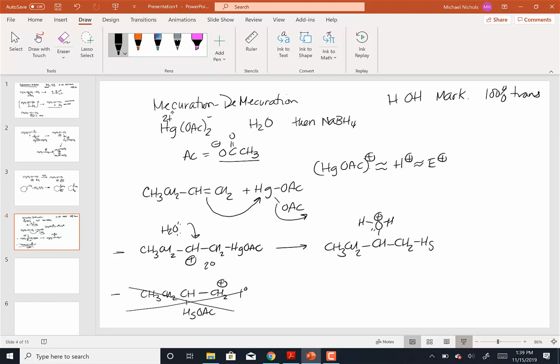I'm still going to have the mercury acetate attached. And then what's going to happen next? Lose H plus to give me the product.